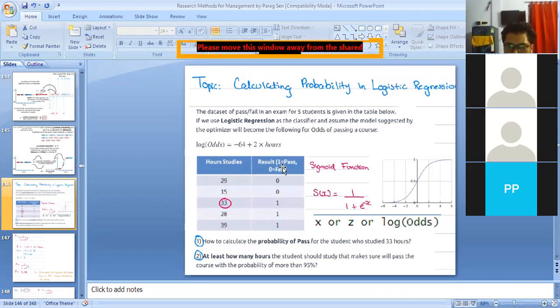In logistic regression, it is actually based on the sigmoid function. This kind of S function you will see is known as the sigmoid function.